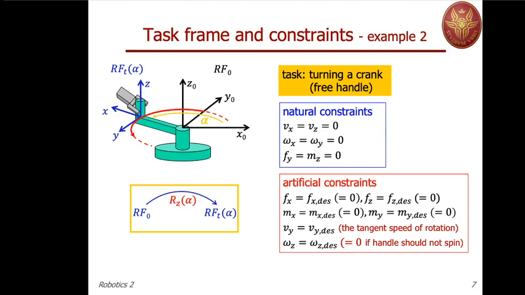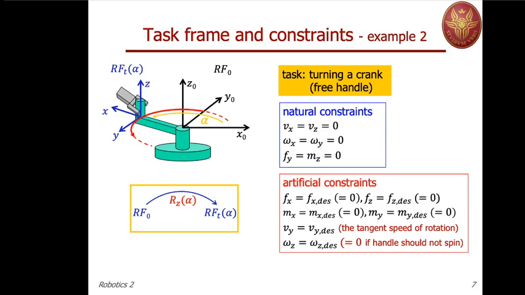The last specification for the controller, so the last artificial constraint, is on omega z. In fact, omega z can take any value. If we set omega z desired to 0, it means that this handle, which is free to spin, should not spin in the way we execute the task.